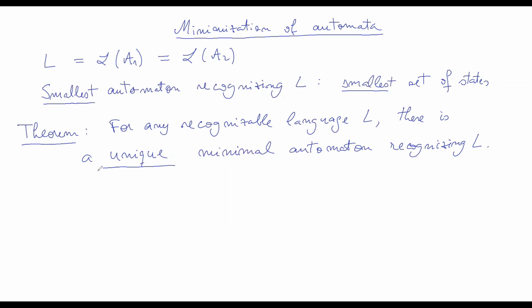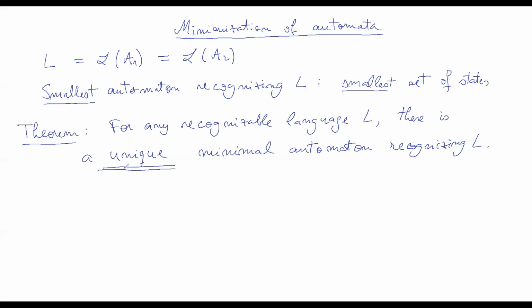There is only one single minimal automaton recognizing L. And this uniqueness of the minimal automaton, I'm not going to prove this particular part of the result, because for this I would need to define a little bit more algebra than what I really want to define in this course.